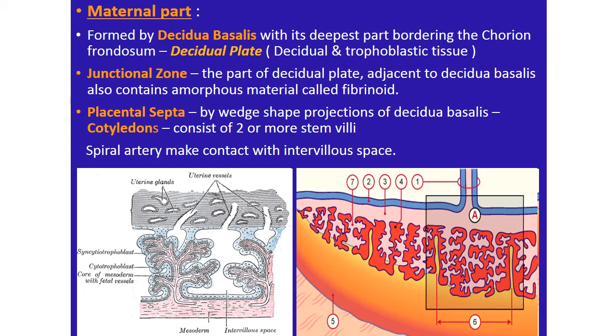Now the maternal part of the placenta, I have already told you, is formed by the decidua basalis. It is the part of the endometrium which has changed now due to the progesterone effect, and the part of the decidua basalis which is adjacent to the developing chorion, where it has a bushy appearance, is called the chorion frondosum.